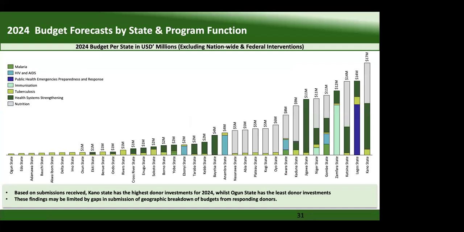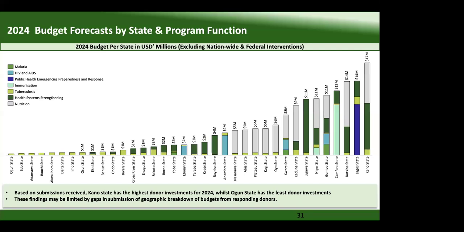Here we try to show, when these monies go to these states, on what are they spent. If you take Kano State as an example, you will see that nearly 45% of that money goes to nutrition and nutrition services and health system strengthening issues. And then a small fraction of it goes to tuberculosis.